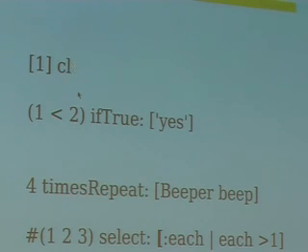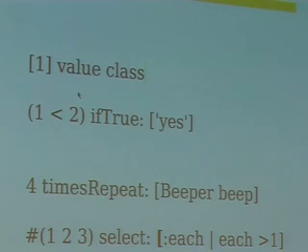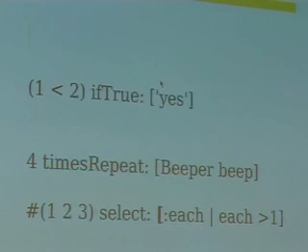To get the value of the code inside, we need to tell it value, and then we get the value, which is 1, which is class small integer. And with this capability of putting code inside an object without evaluating, you can just make any form of control structure that you want.